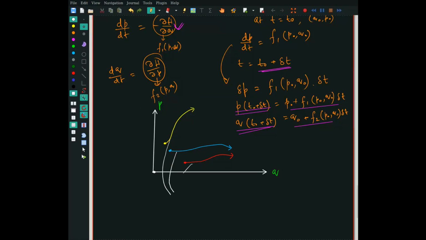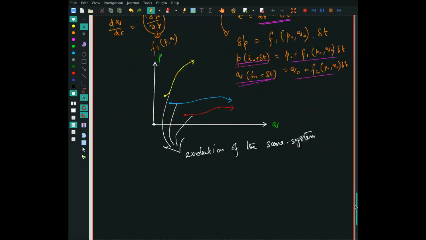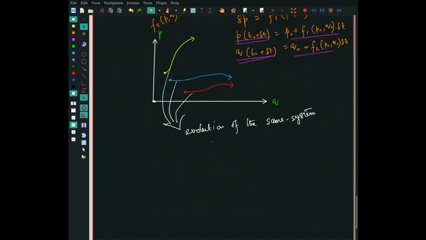So these three things together are the evolution of the same system. By same system, I mean that they are governed by the same Hamiltonian.